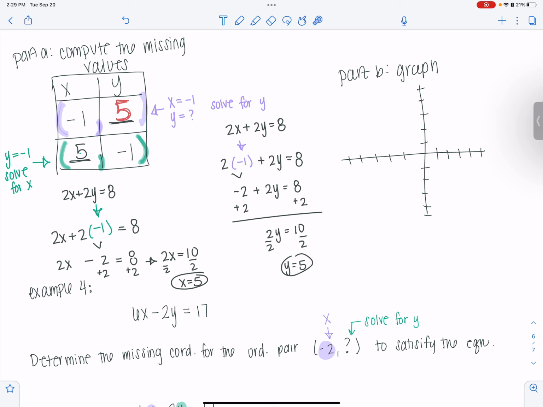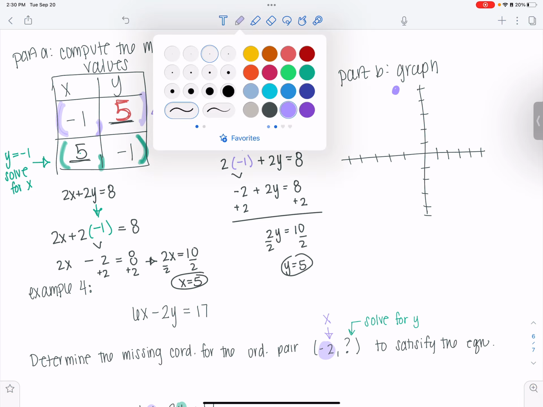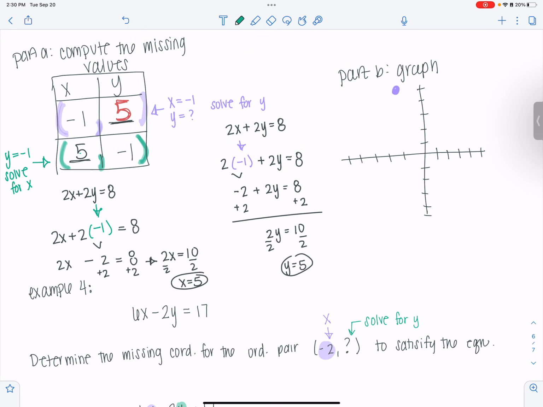This first one, (-1, 5), I'm going to go left 1, up 5. Put a dot. I'm not doing anything with the dot other than just putting a dot. The next one, (5, -1), I'm going to go right 5 and down 1. And so that is the extent of our graph. We're just getting practice plotting points.